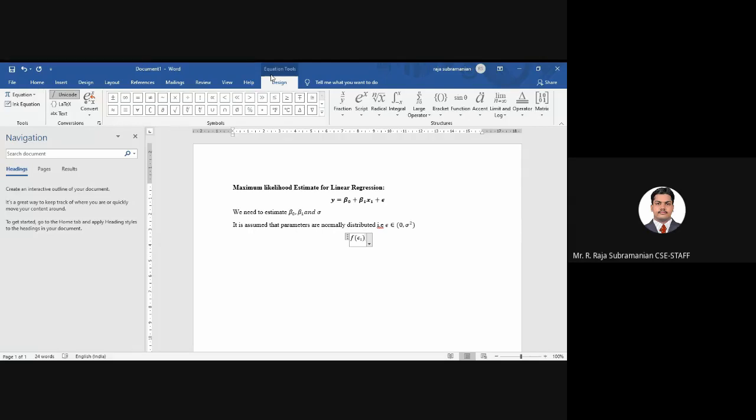So I term it as epsilon i, which will be equivalent to, I'm just using Word LaTeX so that the equation will be very clear. Instead of writing it in Paint, I felt more comfortable explaining these mathematical terms in Word LaTeX. 1 divided by sigma square root of 2.